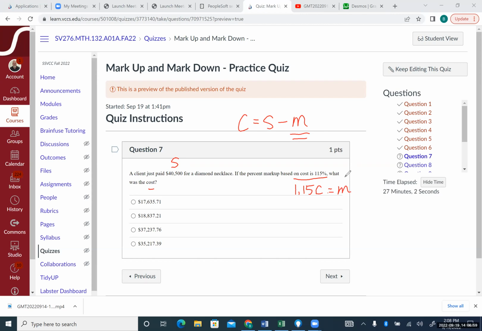So I'm going to plug that in for the markup, and I have a number for the selling price, and then we will solve for the cost. Sometimes it's not given to you directly. It's given in terms of another number, possibly one you don't even know yet. That's when it becomes tricky, but just take it a step at a time.